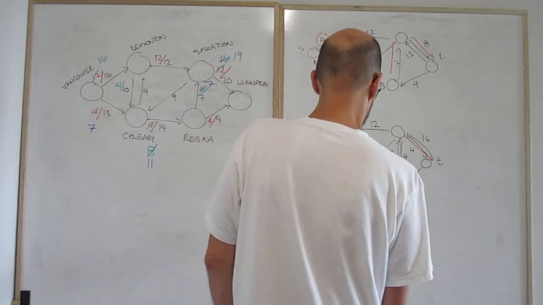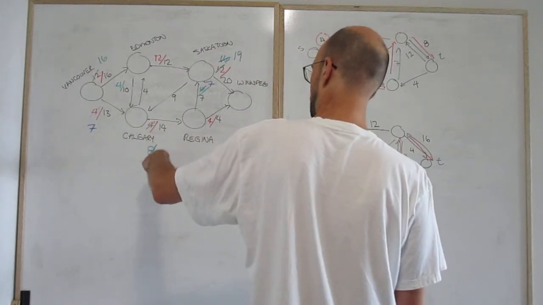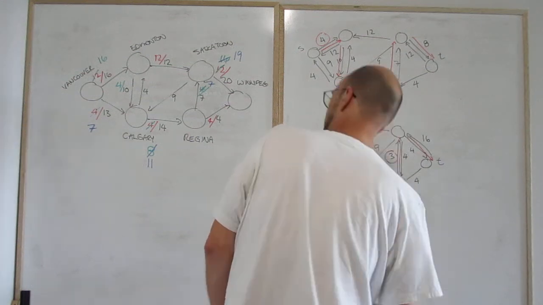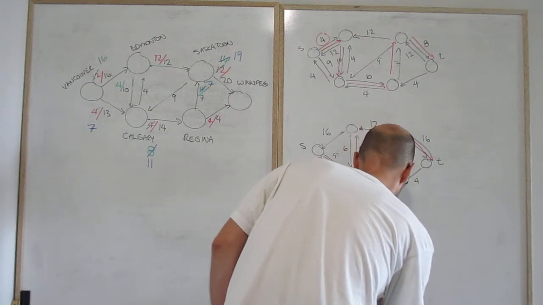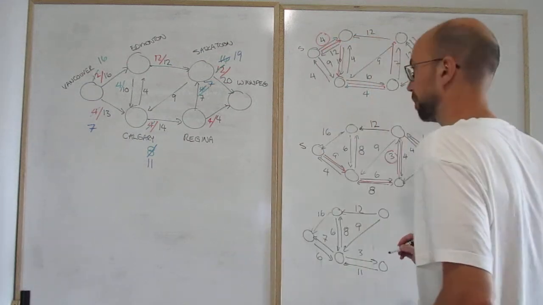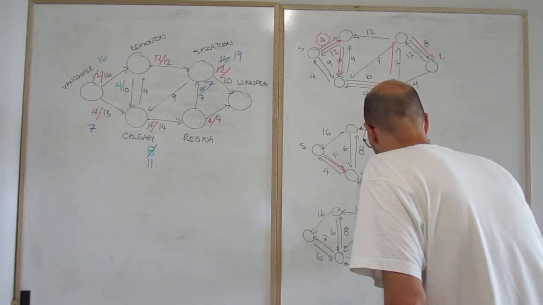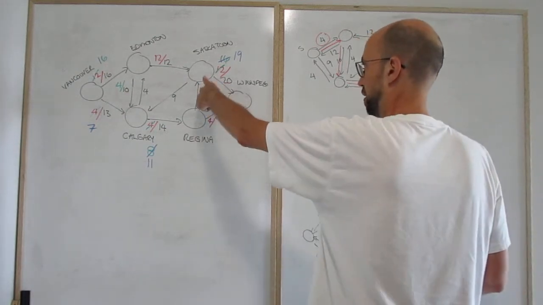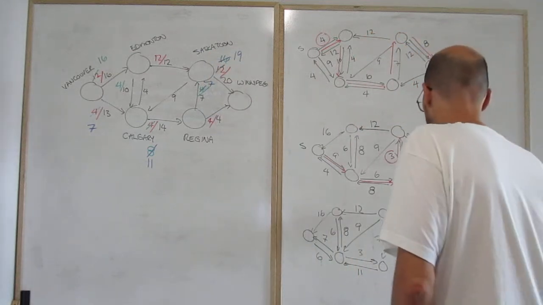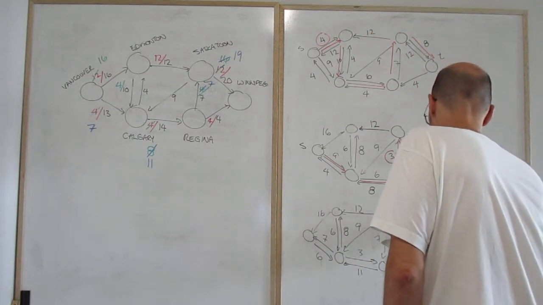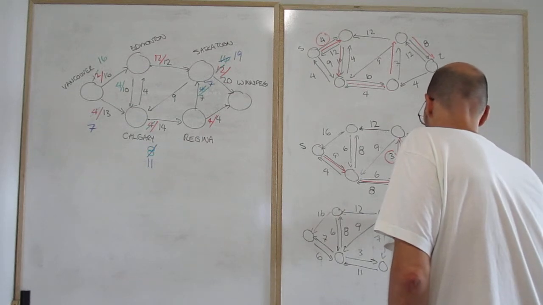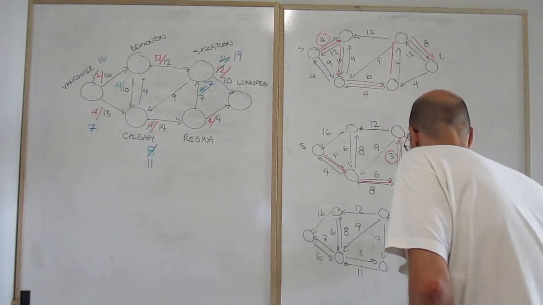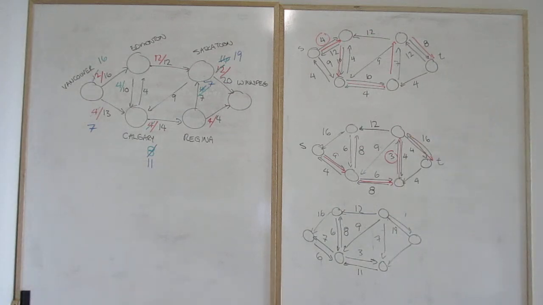Okay, never mind. This is now, we can increase it by 3. We can decrease it by 11. So this is now, we can only decrease this by 7. We can't add any more to this because it's at capacity. So now we can increase this by 1, and we can decrease it by 19, and we can only decrease this by 4.